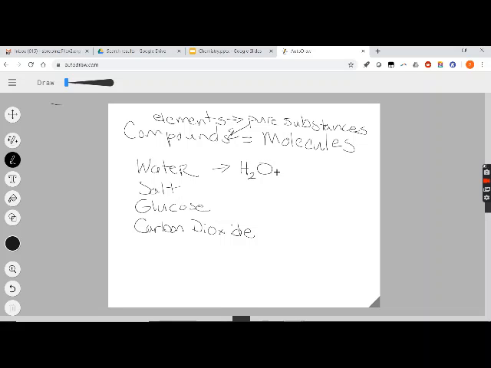Now, I know you're saying, Mr. Broom, where's the one? Well, there is no one when it comes to this. This is only something that is understood to be a one. Just like in math, if you were to write 4 to the first power, that is the same thing as 4. So there is no need to put a 1 here for exponents. There's no need to put a 1 here for a molecule or a compound.